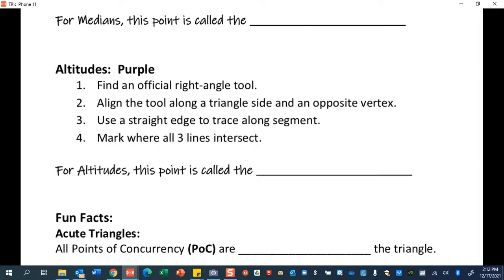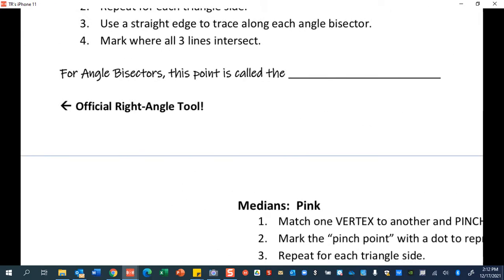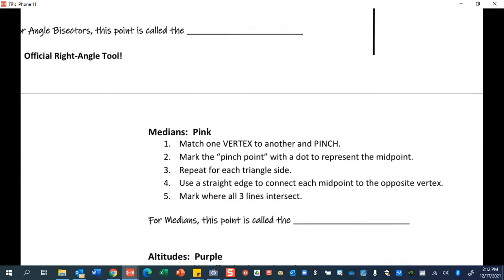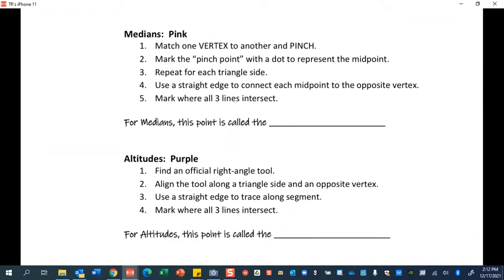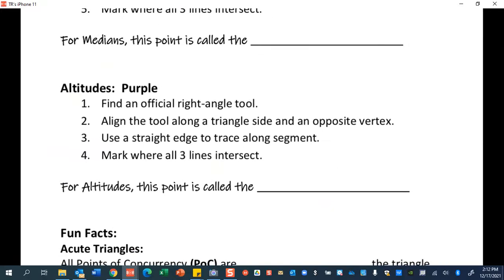Now, for those of you who maybe weren't with us mentally, here's a hint of where we can find an official right angle tool. Your instructions are as follows.